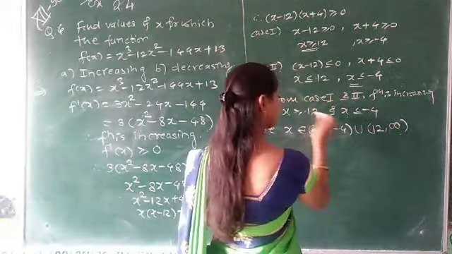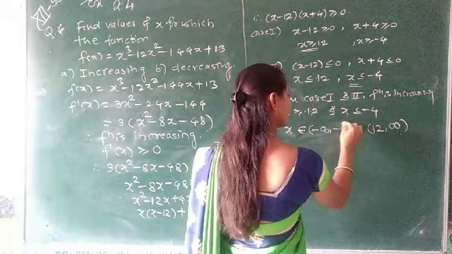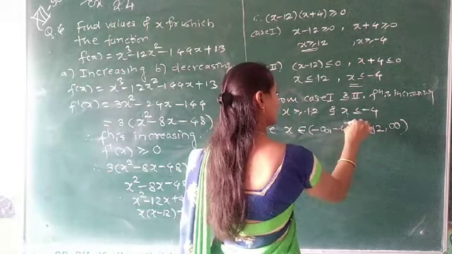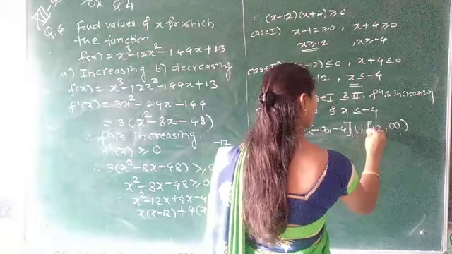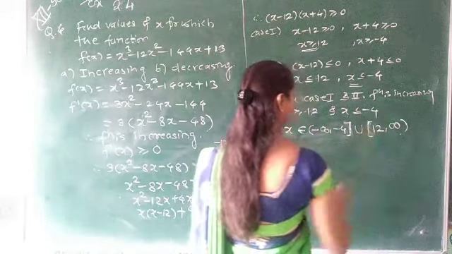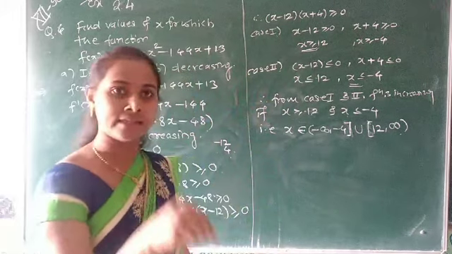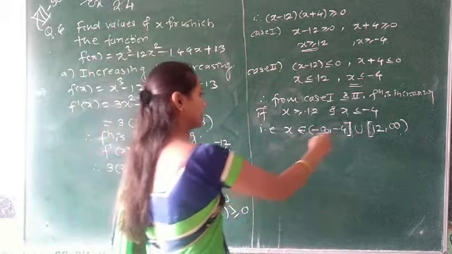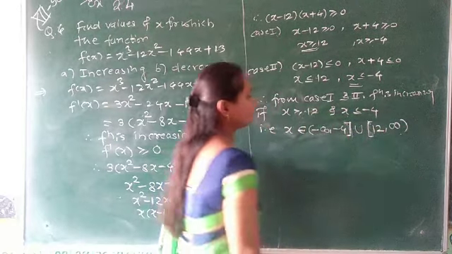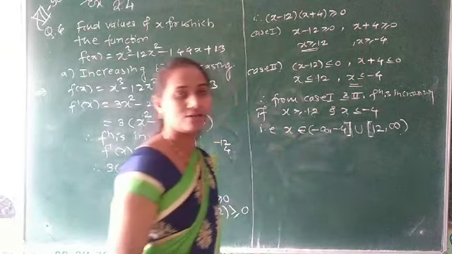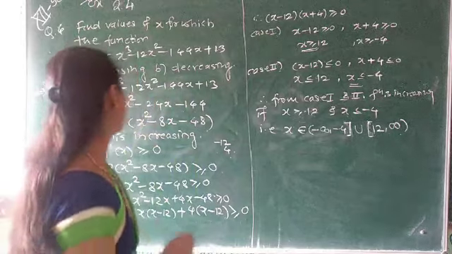Here greater or equal and here less or equal, since minus 4 is included in this set and 12 is included, hence closed at 12 and at minus 4, because this point lies in that interval. So these are the possible values of x if the function is increasing.